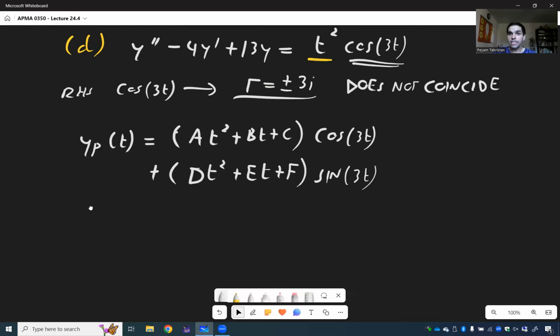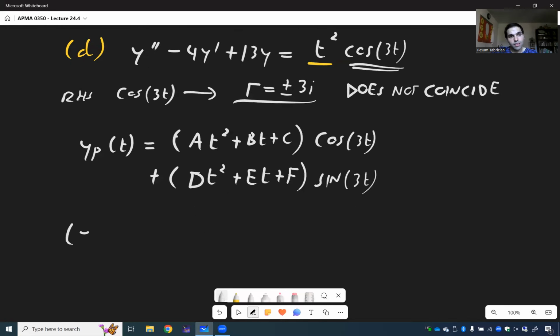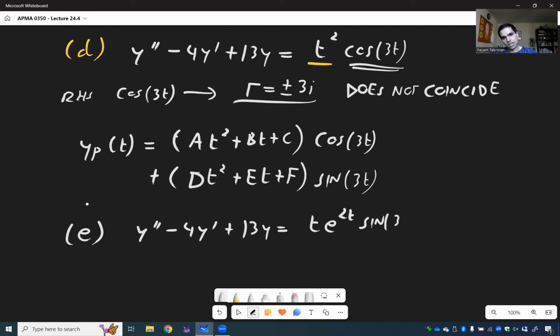Now, last but not least, look at y double prime minus 4y prime plus 13y equals t e to the 2t sine of 3t. And again, for the right-hand side, just look at the exponential and sine terms.